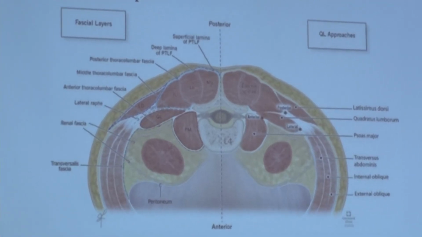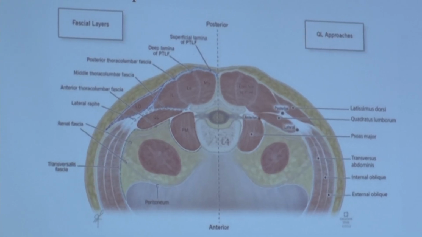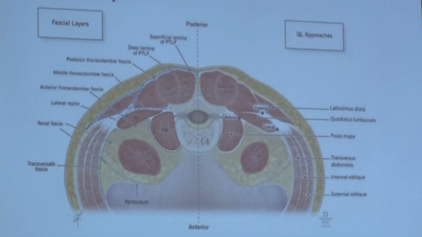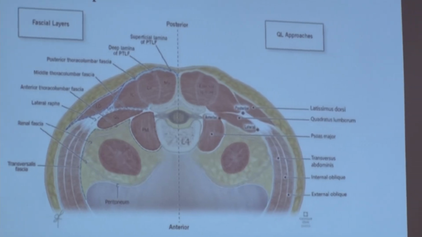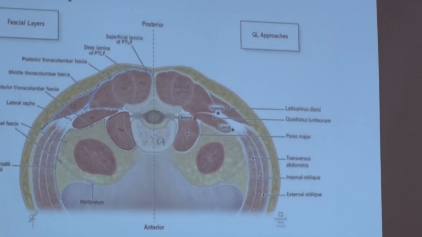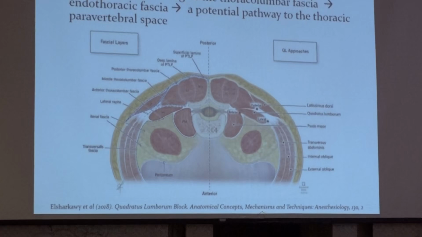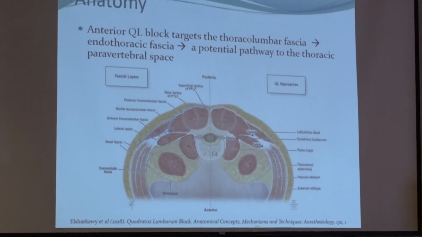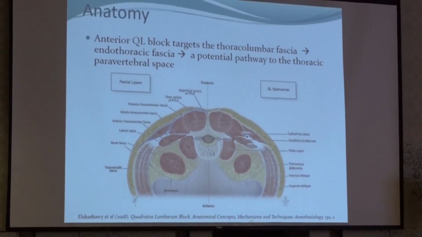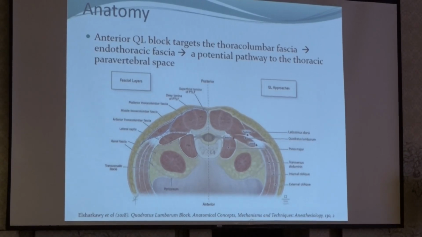That will have a different effect. And if you place the LA posterior to the quadratus lumborum muscle, that will also have a different effect. But today I'm going to introduce the anterior type, where you place the LA anterior to the quadratus lumborum muscle, which is also known as transmuscular. Some people call it transmuscular because the needle passes through the quadratus lumborum muscle, and the tip is between the quadratus lumborum muscle and the psoas muscle.